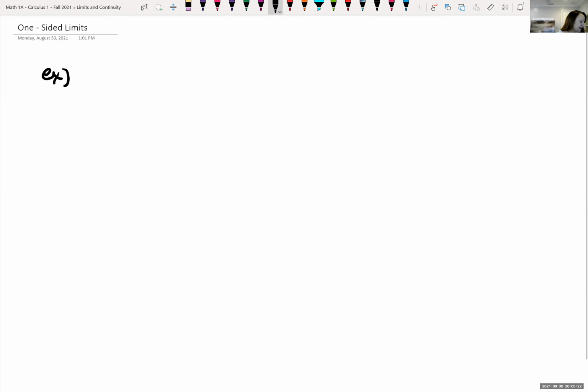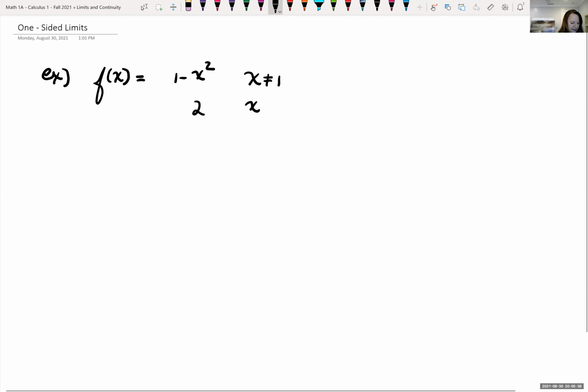And so let's say we're given that f of x is equal to 1 minus x squared if x does not equal 1, and the equation 2 if x is equal to 1.